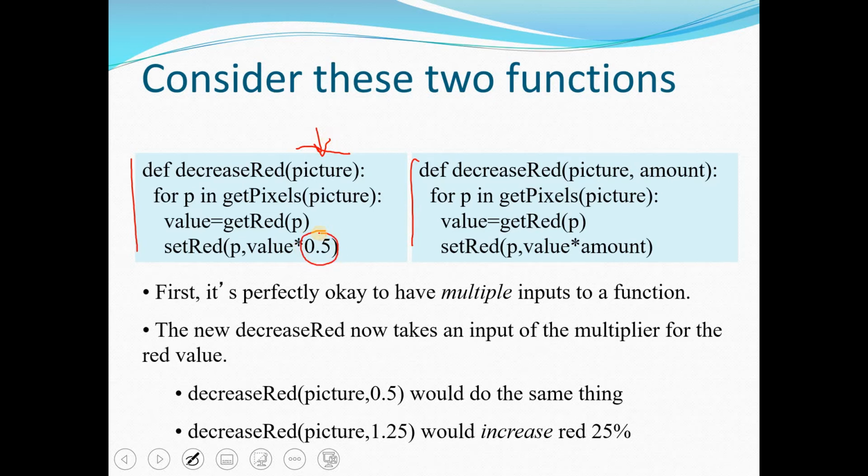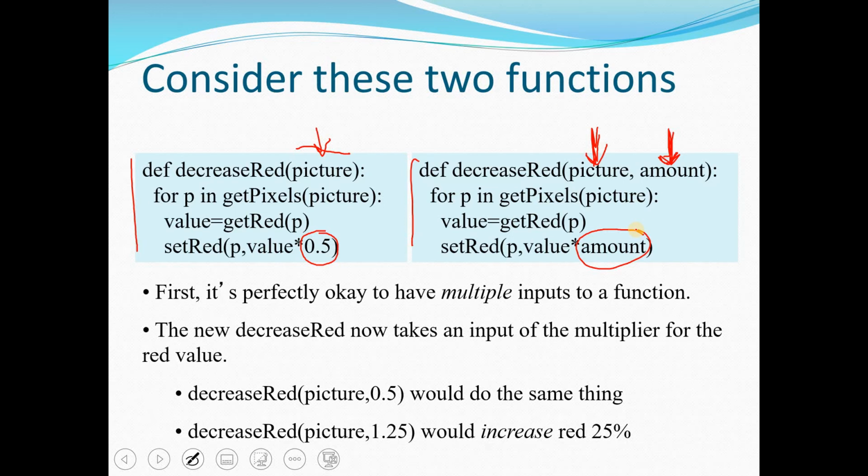Whereas the second function, you provide the picture and you also provide the amount by which you will decrease the color. Okay, so amount is a value that comes from the outside and you multiply it with the picture. Is it clear? So that is what is happening over here. So you can decrease dynamically.